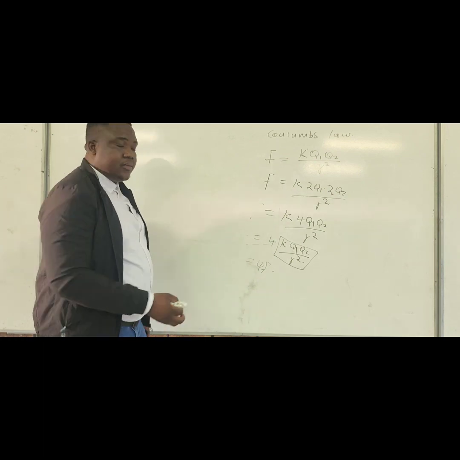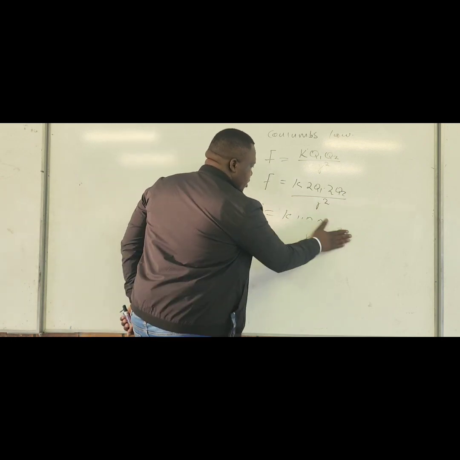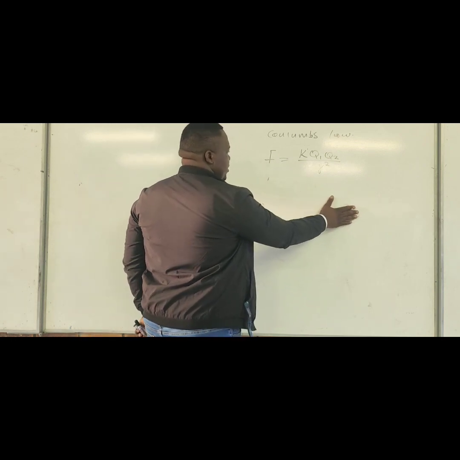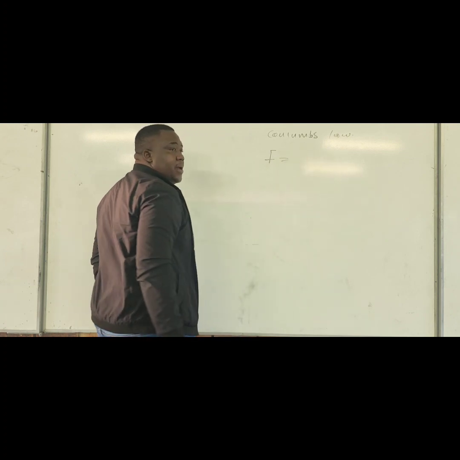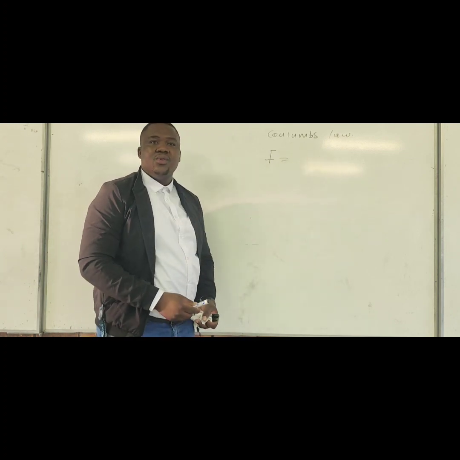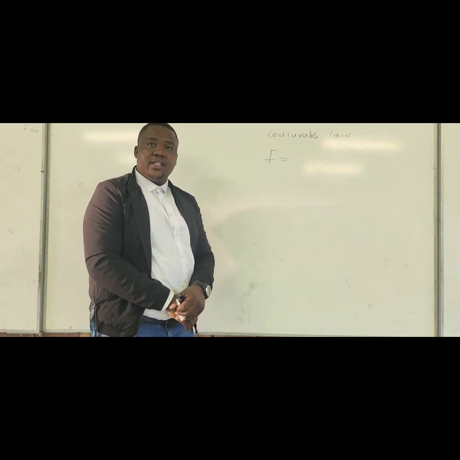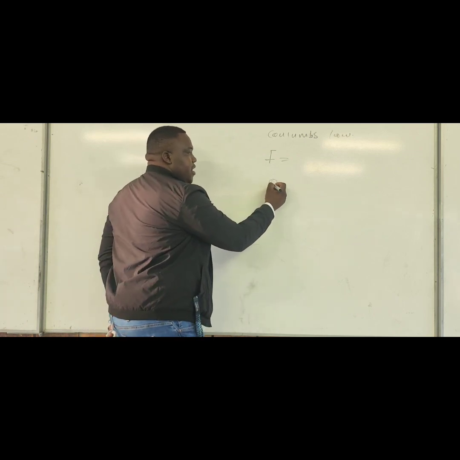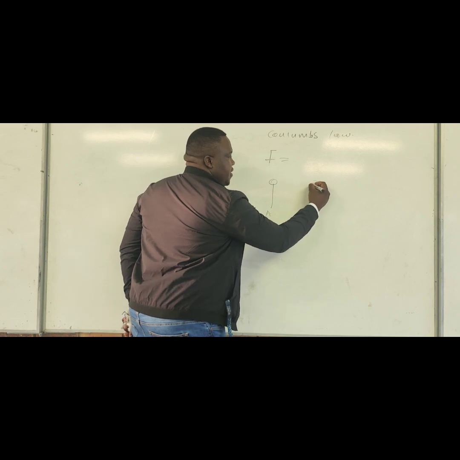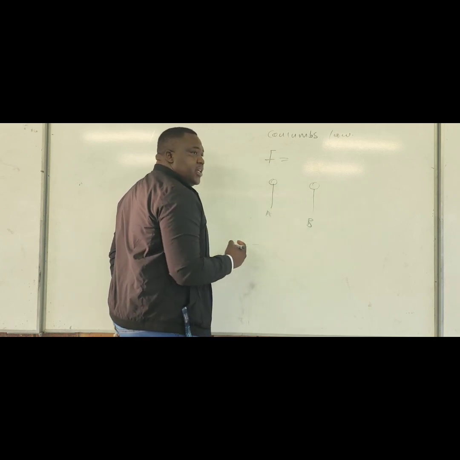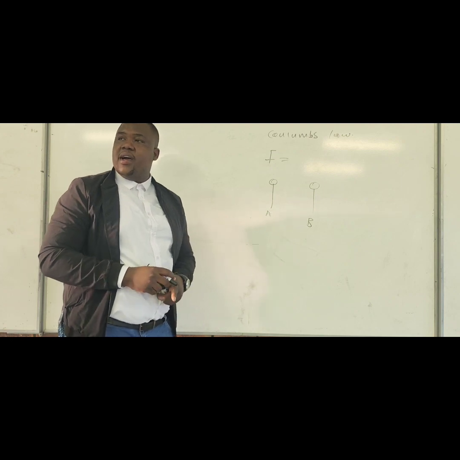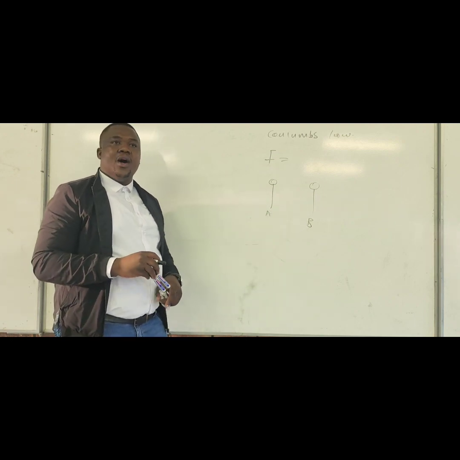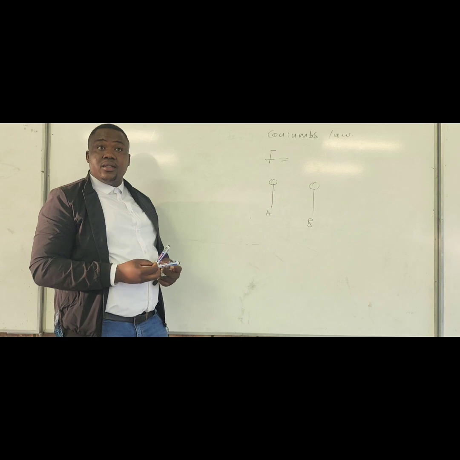Well, good. So now let us do this, which is very important. Sometimes they tell you that we have sphere A and sphere B. This sphere A and sphere B, they've got charges of equal magnitude.